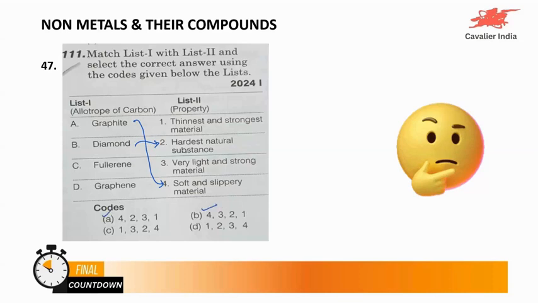Then diamond is hardest and natural, so this one. Okay, those are the options. Clear? Next.